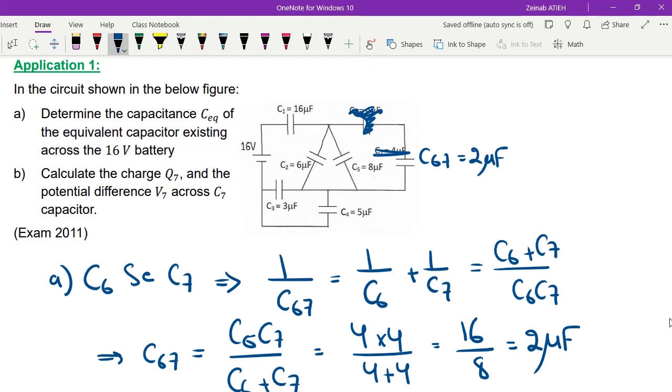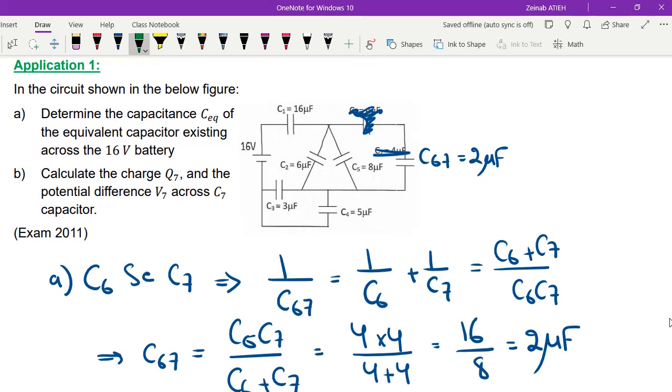How do I know two capacitors are in parallel? They are in parallel when they have the same potential difference. What does it mean that they have the same potential difference? It means the potential on both sides of the armatures of the capacitor is equal. But how do I know?